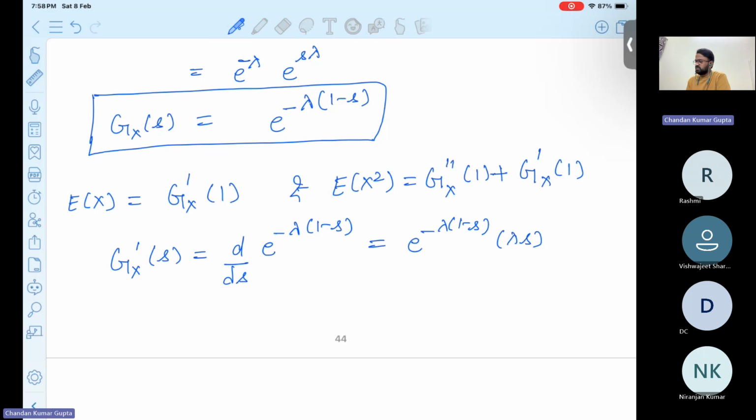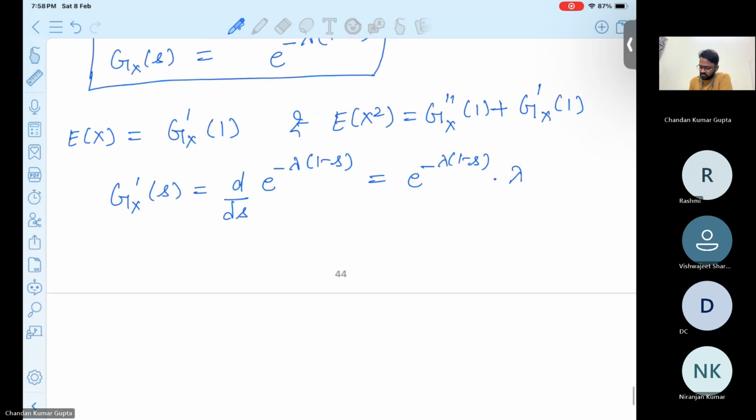When we differentiate lambda S with respect to S, it comes out to be lambda only. So lambda into e to the power minus lambda 1 minus S. This is the PGF.